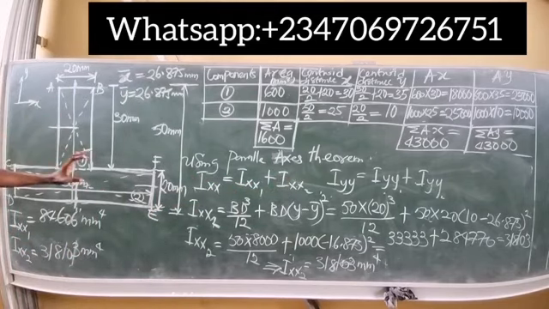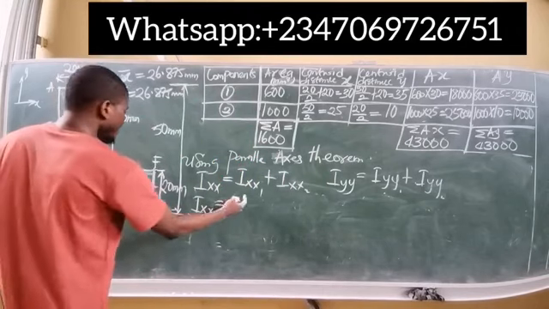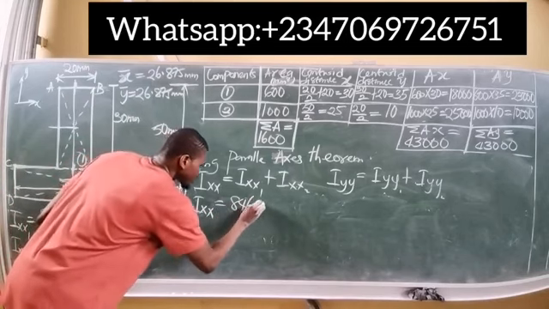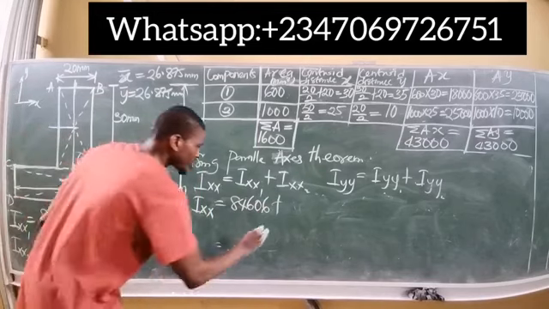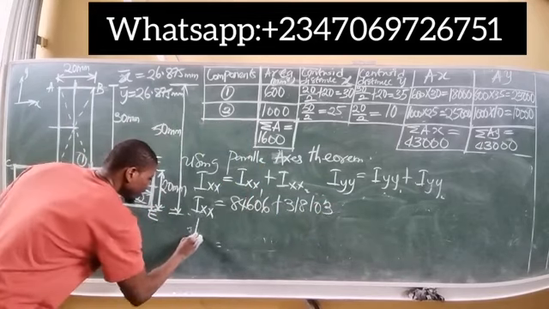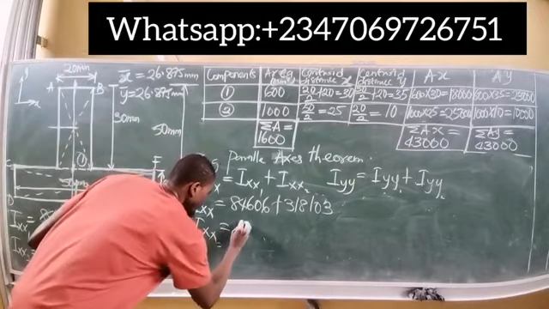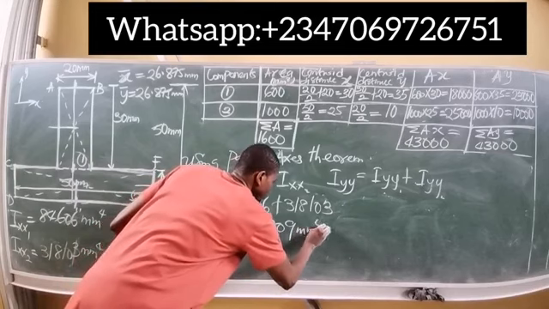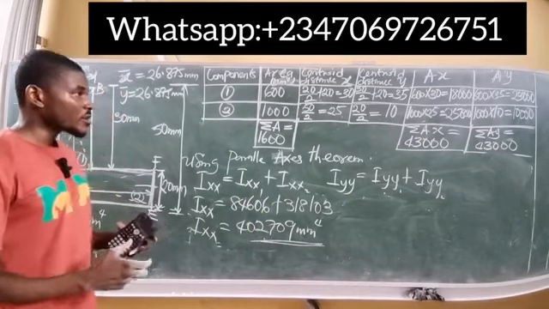From the parallel axis theorem, the moment of inertia in the x coordinate is simply Ixx1, which gave us 84606, plus Ixx2, which is 318103. So this simply means Ixx is equal to 402709 millimeter 4. So this becomes the moment of inertia in the x coordinate.